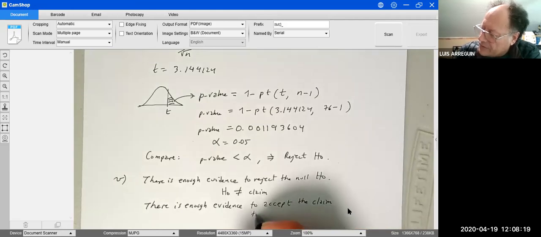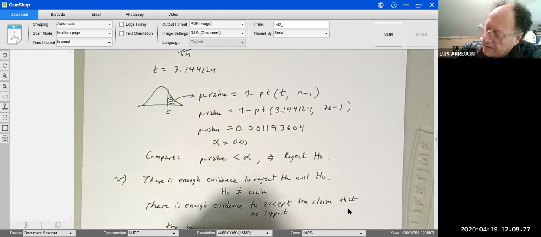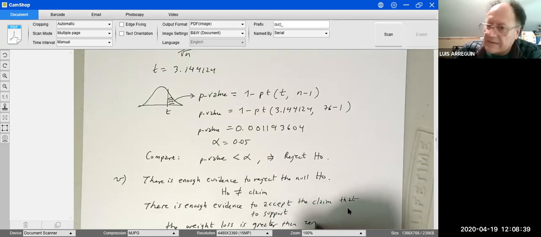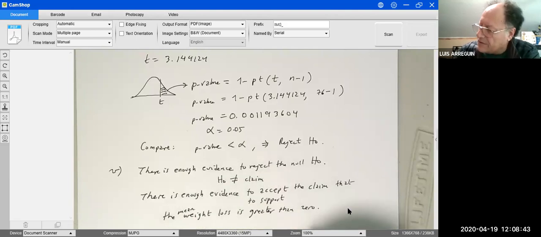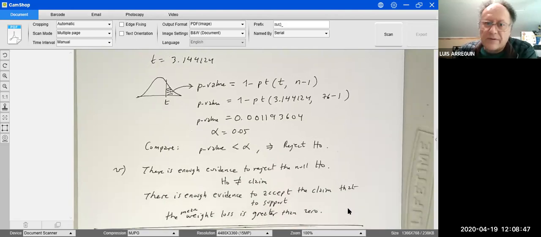Sometimes we can use it to support the claim that the weight loss is greater than 0. The mean weight loss is greater than 0.